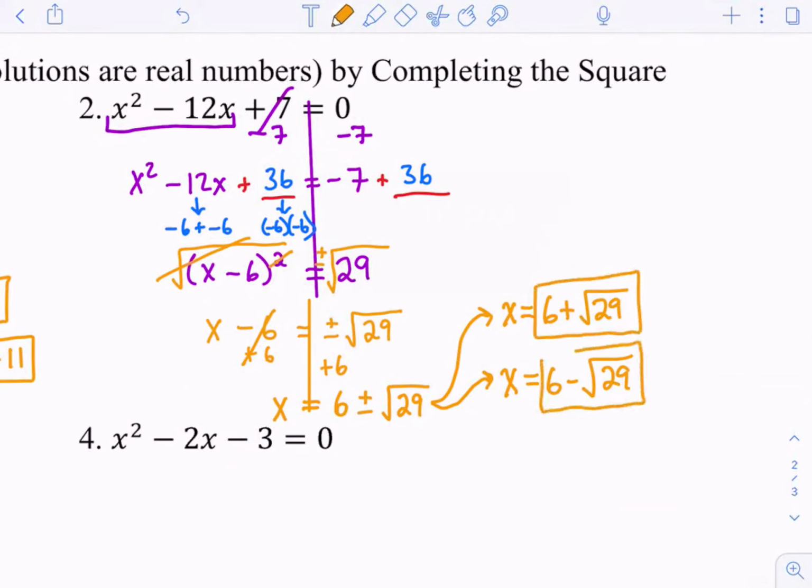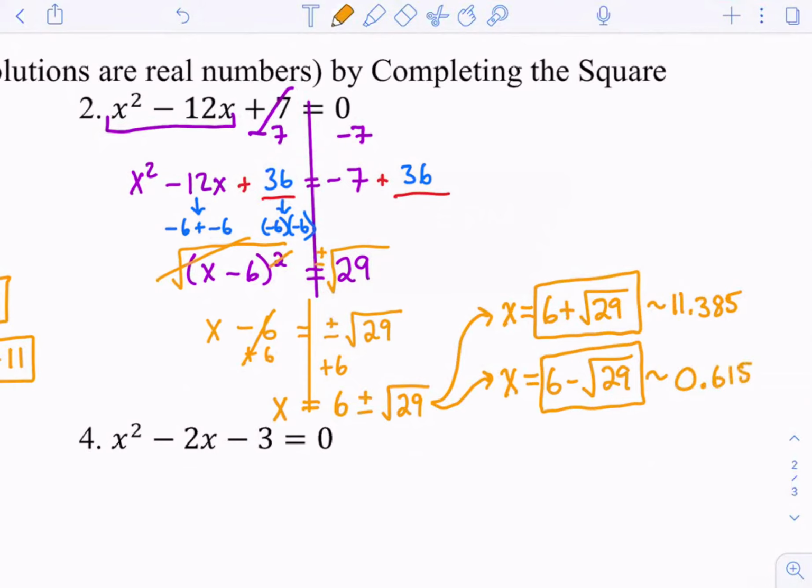So those are my two answers, but let's just see about how much. In the calculator right now, I'm doing 6 plus the square root of 29, and I get 11.385. And then 6 minus the square root of 29 is 0.614, but really I'm going to round it.